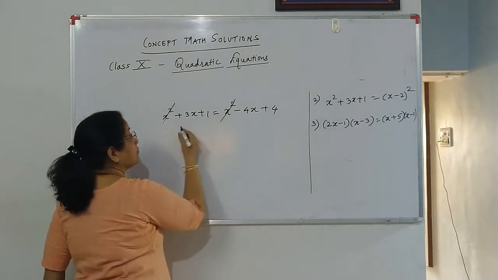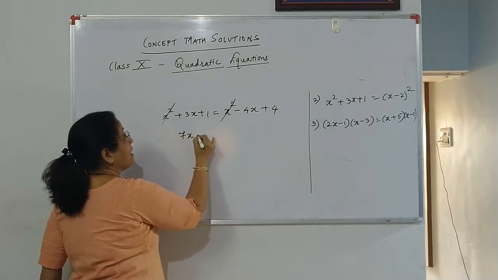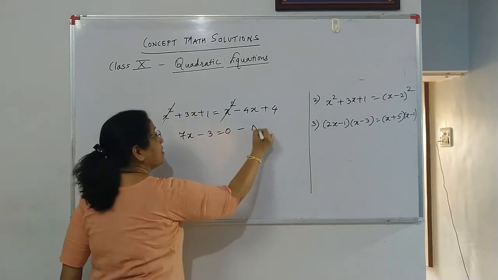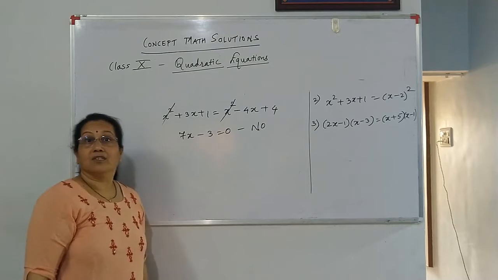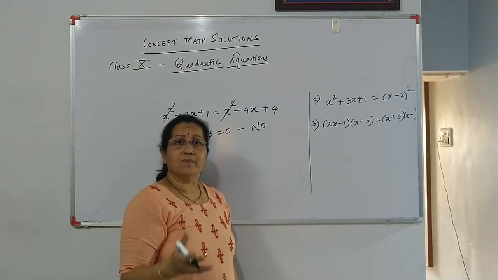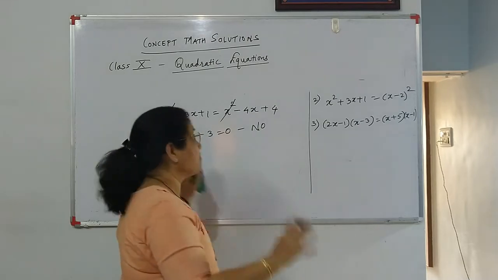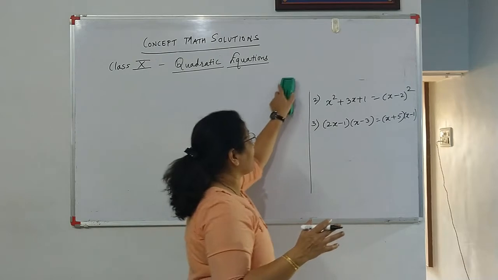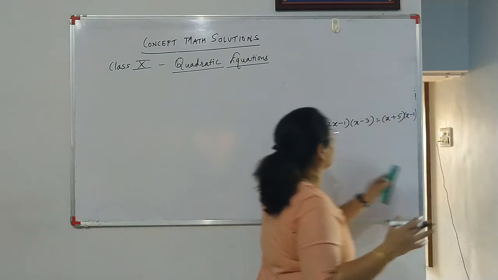So 3x plus 4x, 7x minus 3 equal to 0. This is not a quadratic equation. This is actually a linear equation. So what I want to tell you is, just by looking, don't conclude. Simplify the equations and then find out the final format and then conclude whether it is quadratic or not.